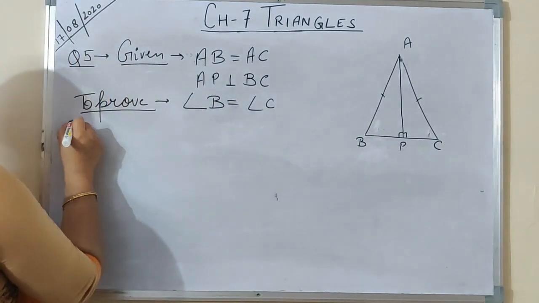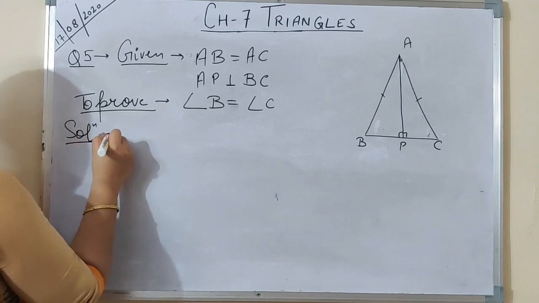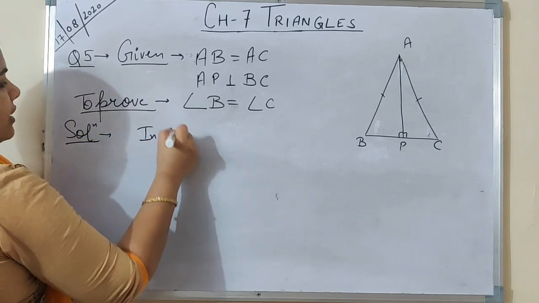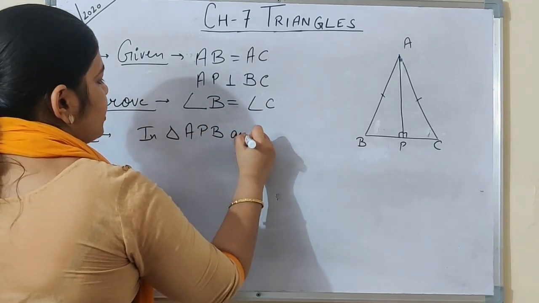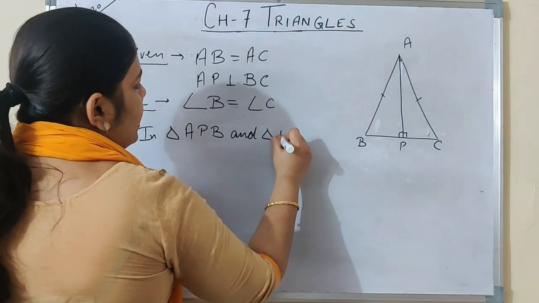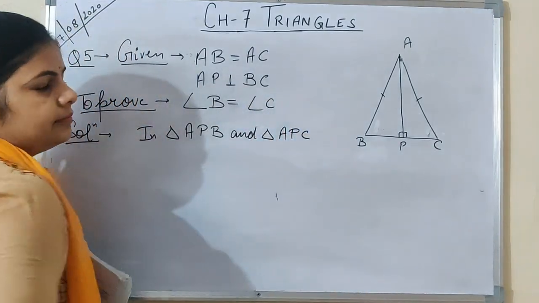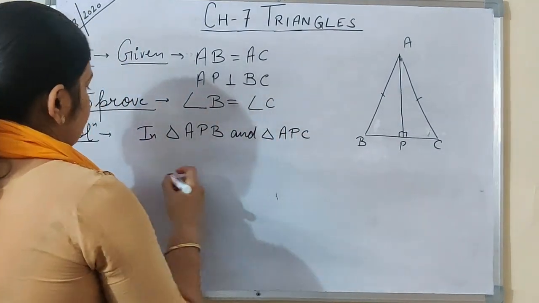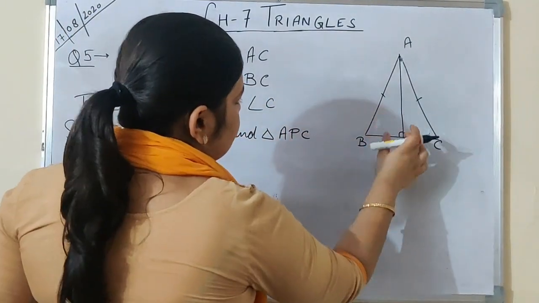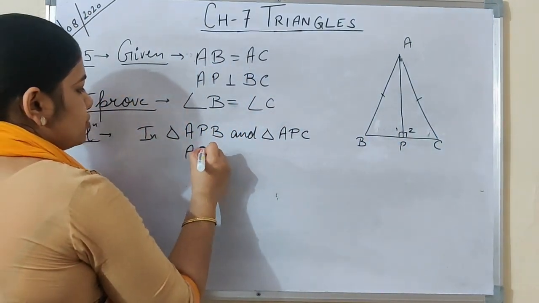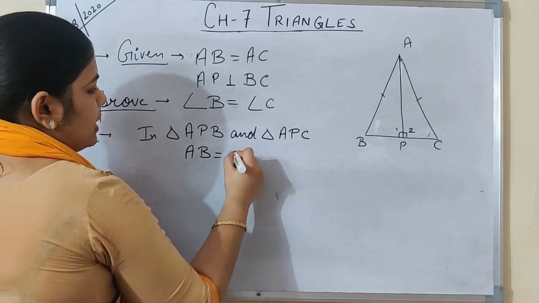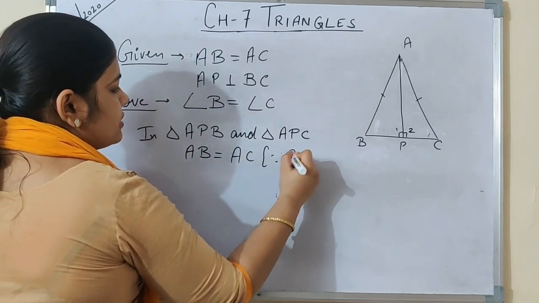It is very much clear from the figure that we will go in triangle APB and triangle APC. After going in both the triangles, what we see here is that AB is equal to AC as it is given to us.